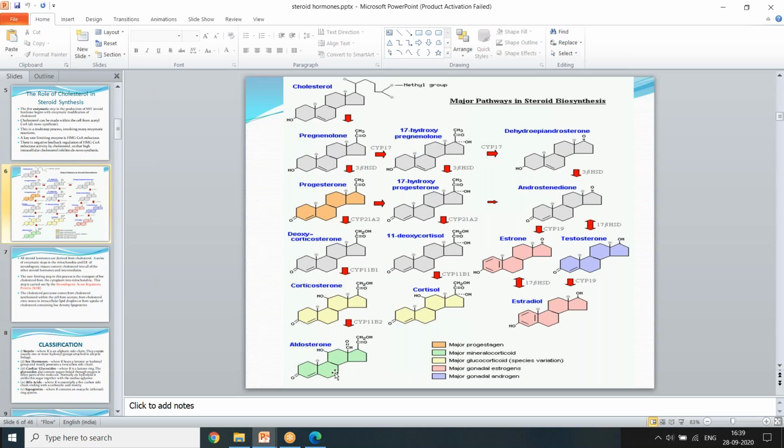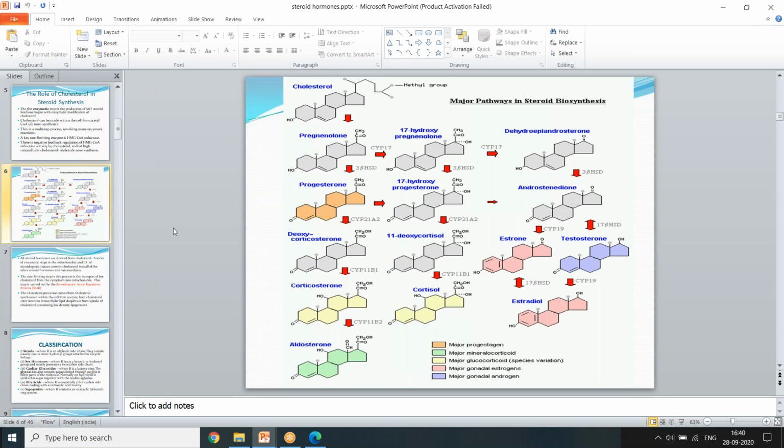Okay, so without fail, mention all the enzymes that I have told you: 21 hydroxylase, 11 beta hydroxylase, 17 alpha hydroxyprogesterone hydroxylase. Okay, mention aromatase, mention reductase enzyme, mention all these enzymes, so that when we are studying the different types of actions or drugs that are involved in steroids, you have a clear-cut idea what is exactly happening.